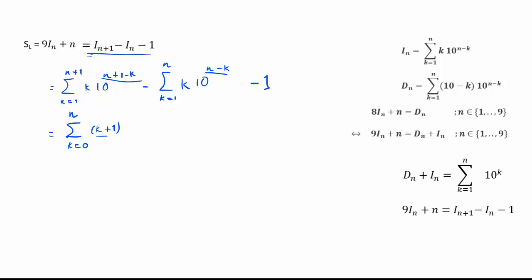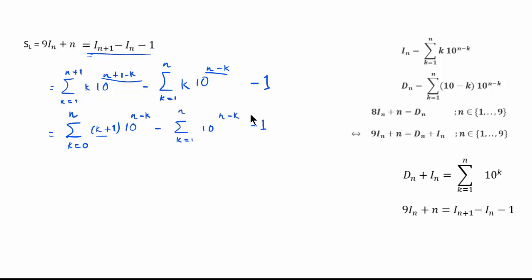You will see that 0 plus 1 is 1. And here, for k equals 1, the first term is also 1. So this is correct. Times 10 raised to the power of, we have here n plus 1 minus k plus 1. And we notice that here plus 1 minus 1, they cancel each other. So we can write it n minus k.